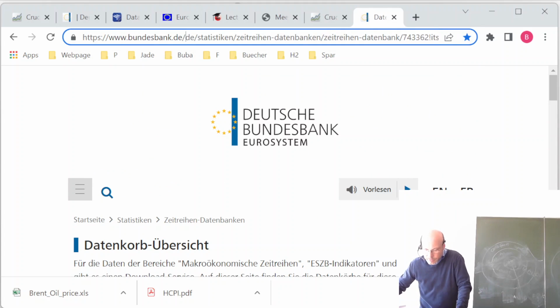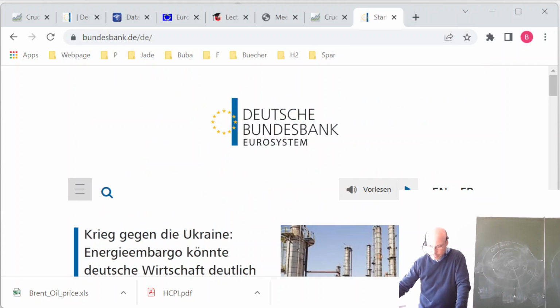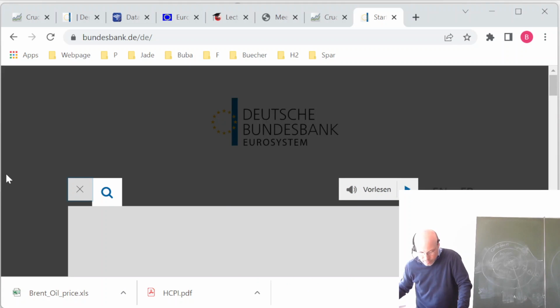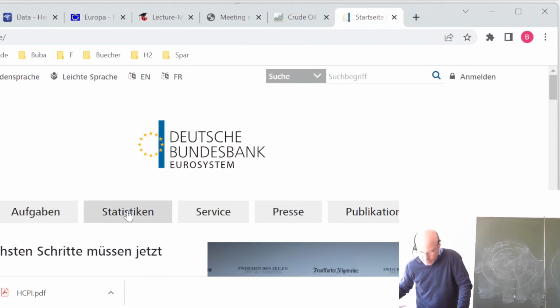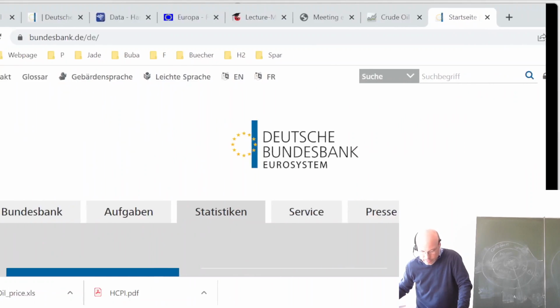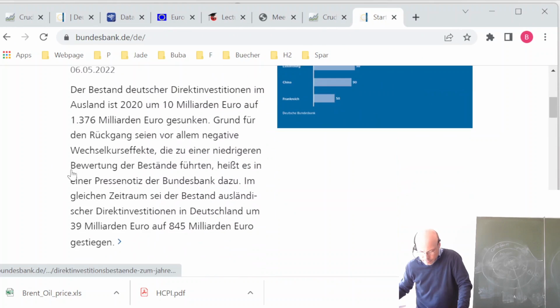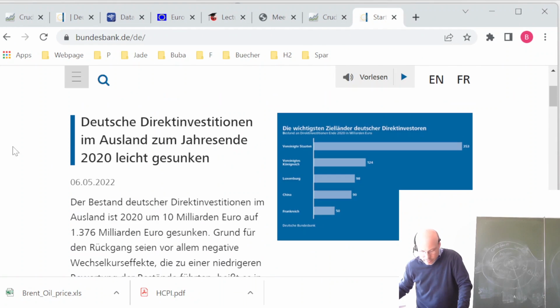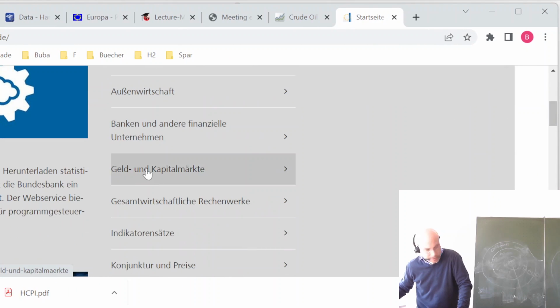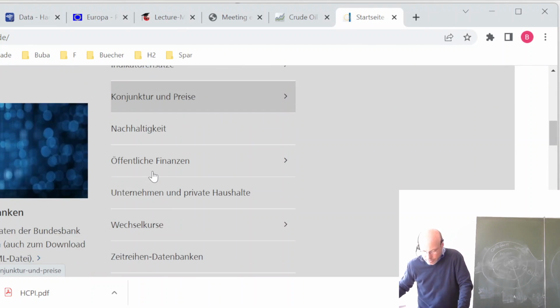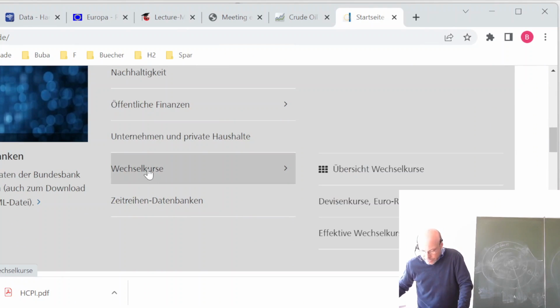Oops, I mean, this we don't need. This is then statistics. And this is too small. So here, yeah, you see it. Exchange rates.